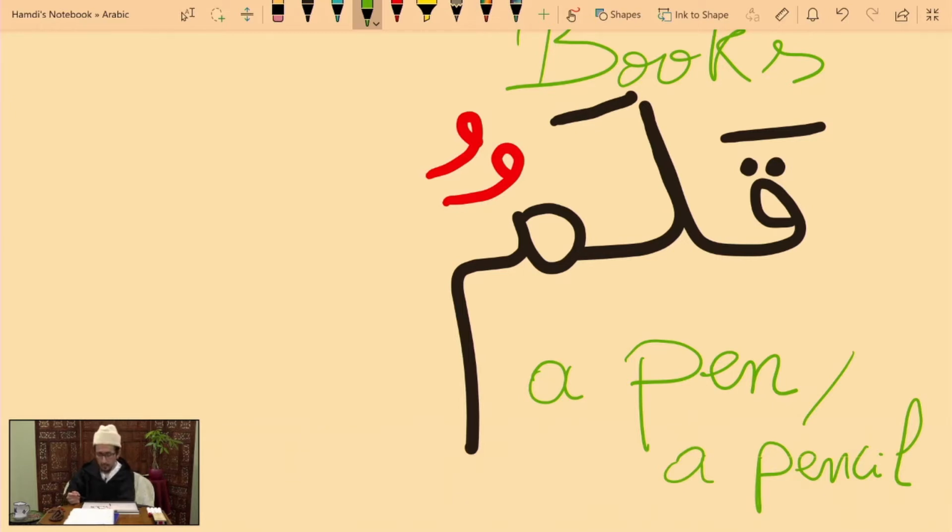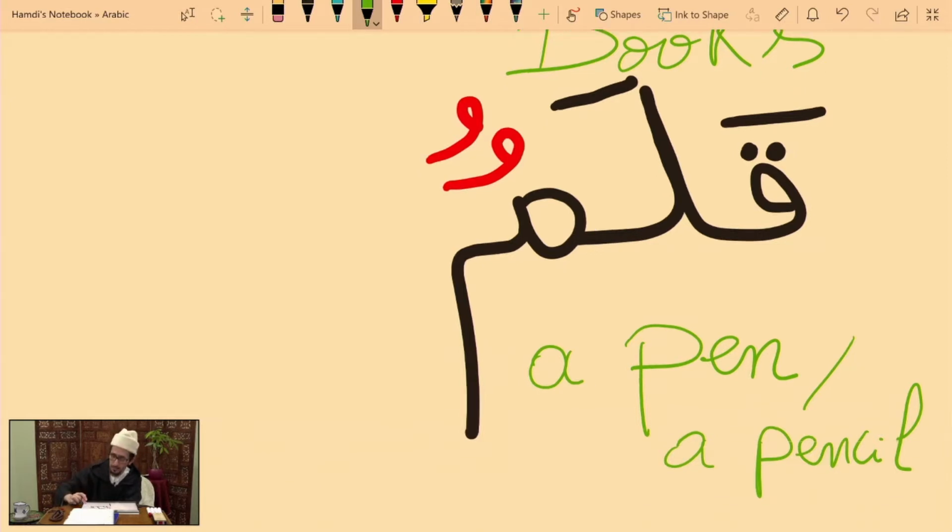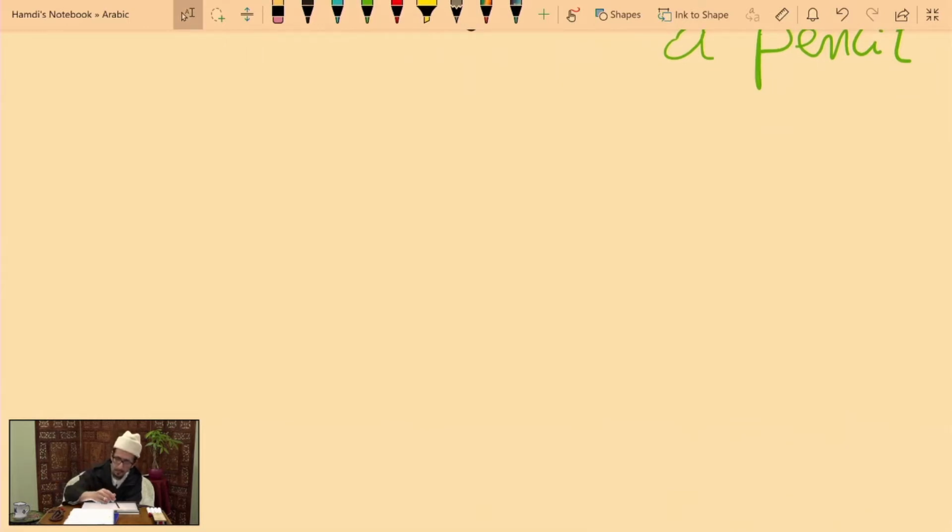Now, again, as I told you, depending on the place of the word in the sentence and what comes before it, it could be qalamun, it could be qalamin, it could be qalaman. Take this as an immersion. I'm not asking you to memorize anything other than the tanween.